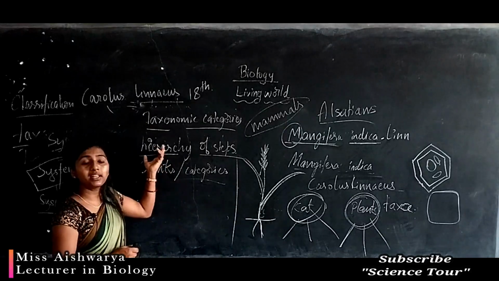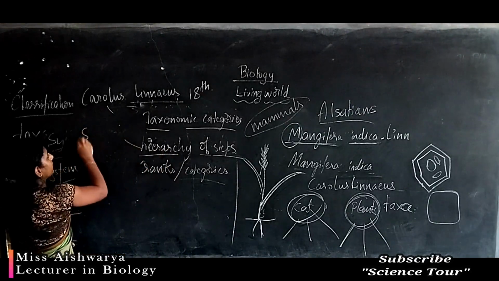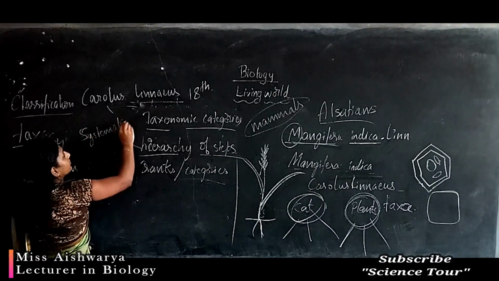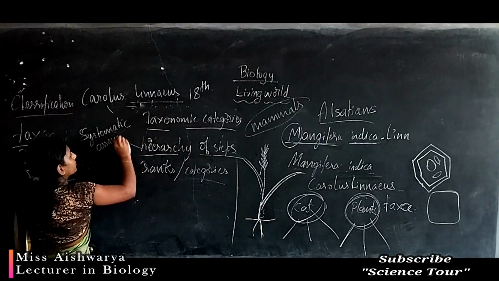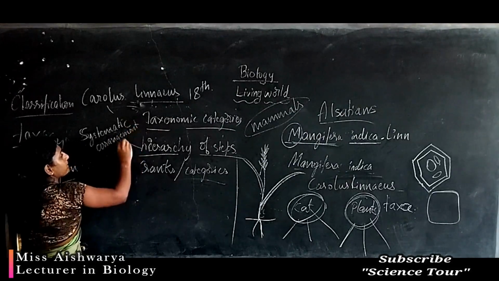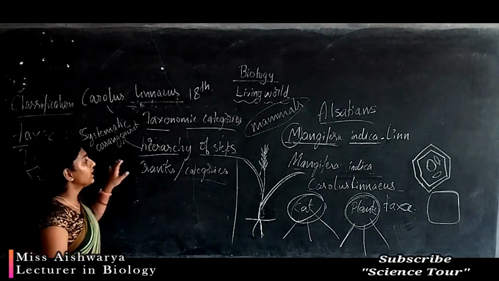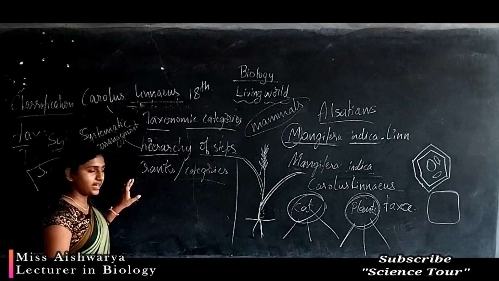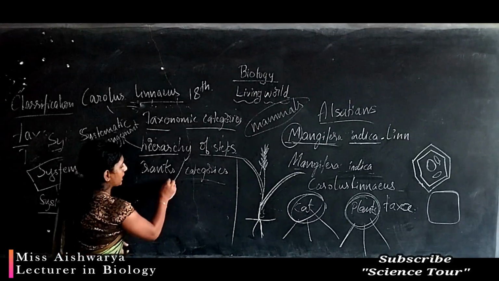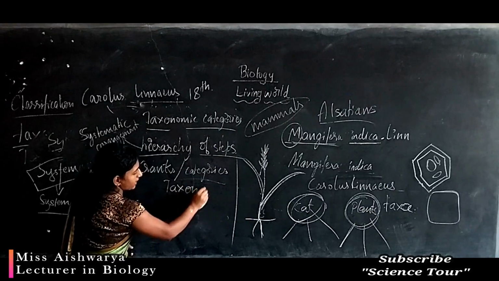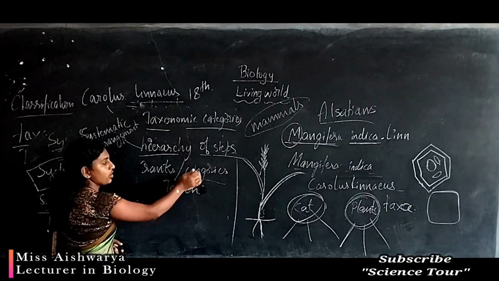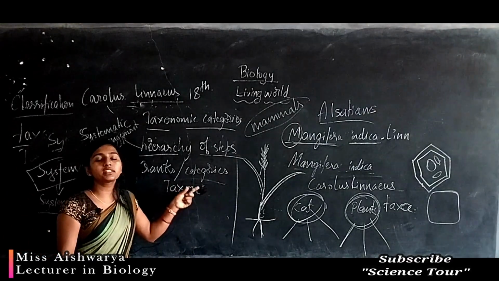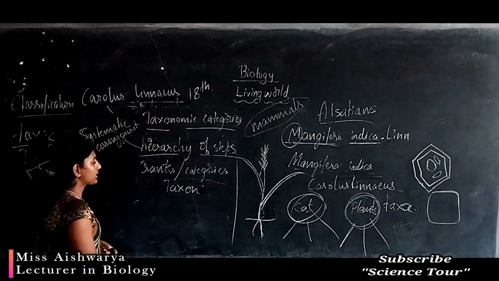Hierarchy is nothing but a systematic arrangement of the different categories. So each category is also called a rank or taxon.